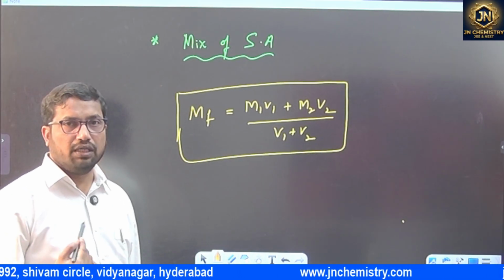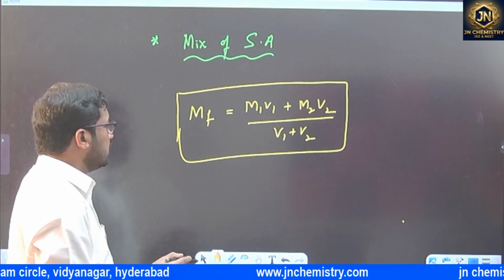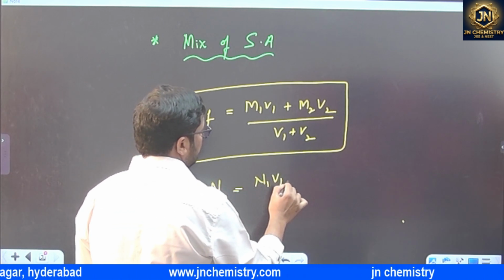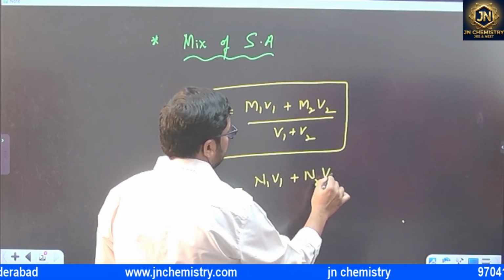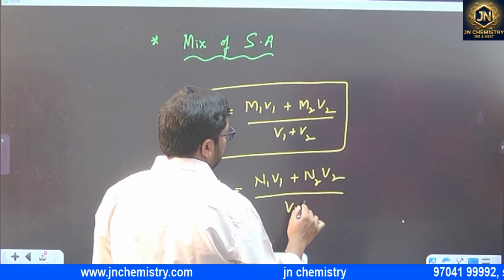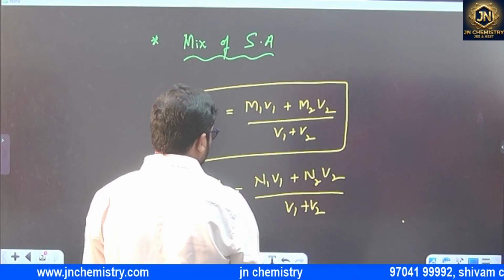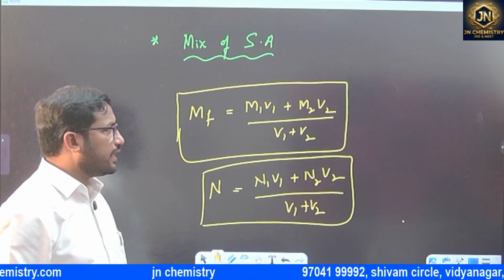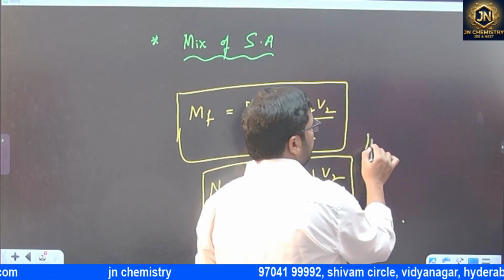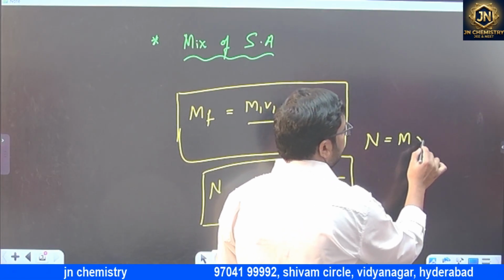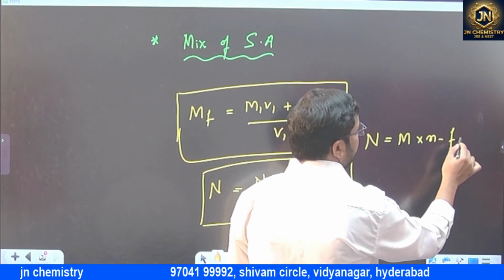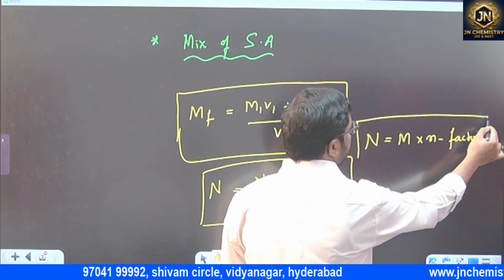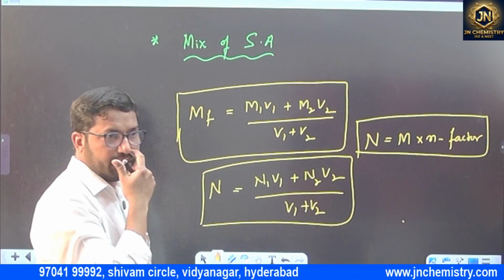Otherwise, they may give normality. Normality would be fine: N1V1 plus N2V2 by V1 plus V2. If they are giving the molarity, we can convert it into normality. Write it down: normality equals molarity into N factor.